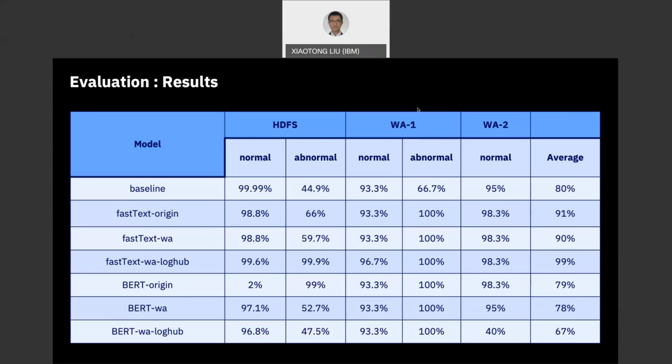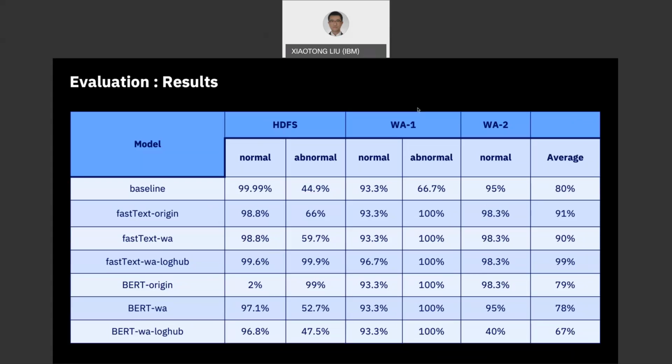Where our pre-trained fast-text embedding using the Watson Assistant data is comparable to the original general-purpose fast-text embedding, we get a significant boost in accuracy of 8% with our pre-trained fast-text embedding using both the Watson Assistant data and the log.hub data, compared with the general-purpose fast-text embeddings. This demonstrates the effectiveness of using diversified domain-specific data for pre-training embeddings to enhance log anomaly detection task.